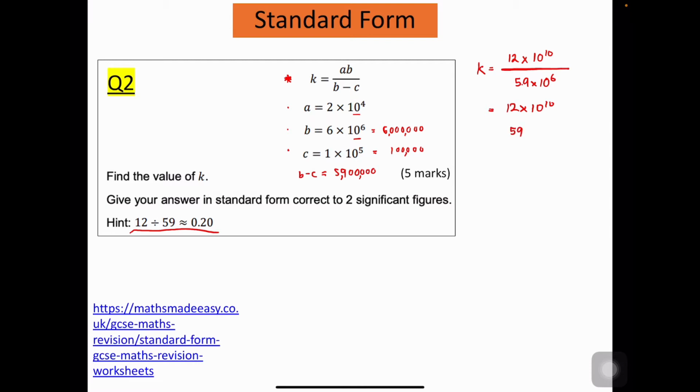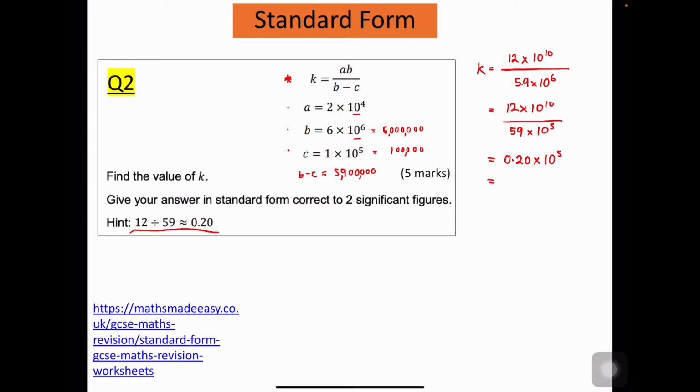So we've made the A value 10 times larger, so the power of 10 has to be 10 times smaller. 12 over 59 is 0.20. 10 to the 10 divided by 10 to the 5 is 10 to the 5.